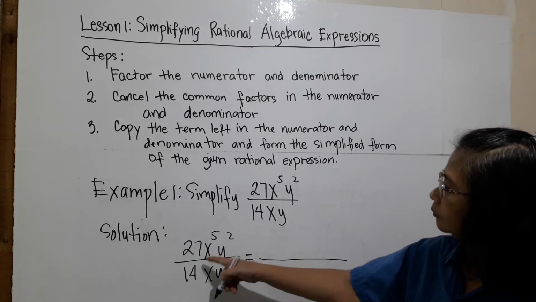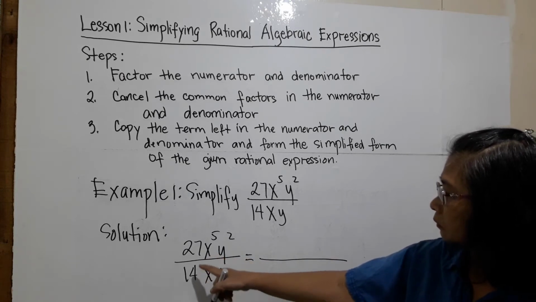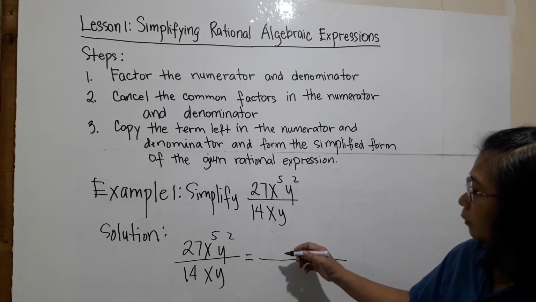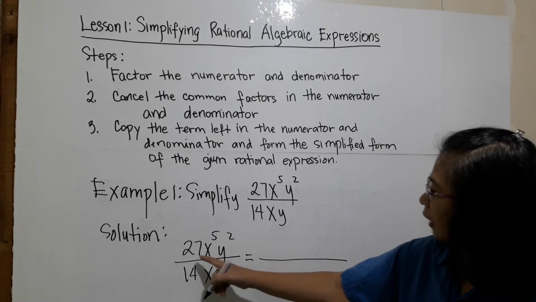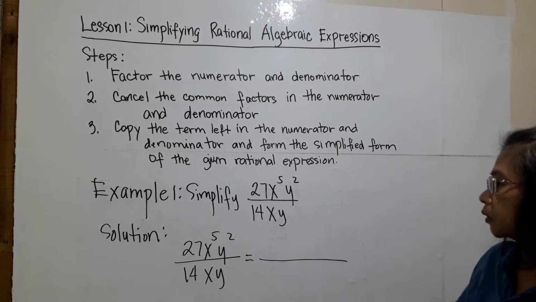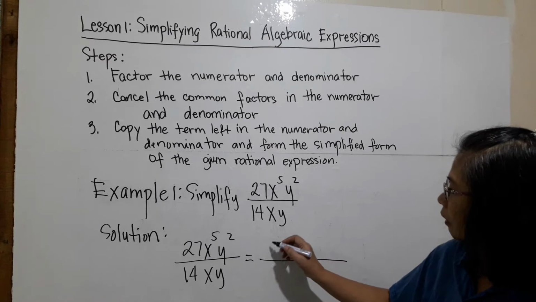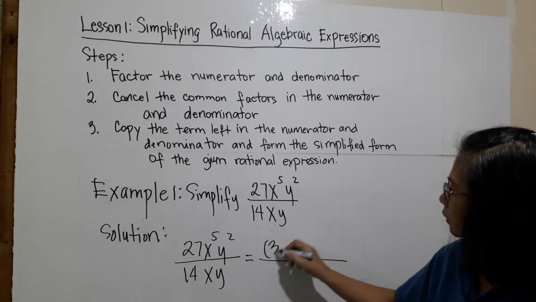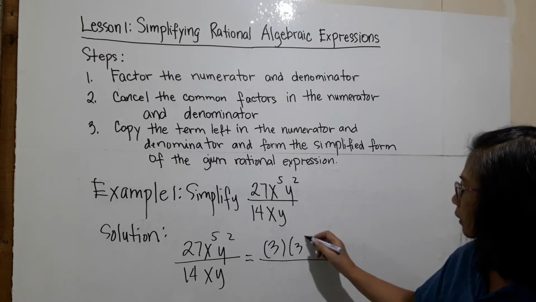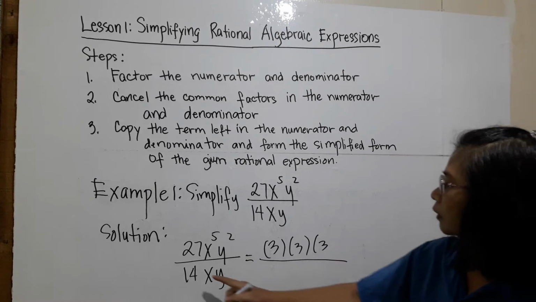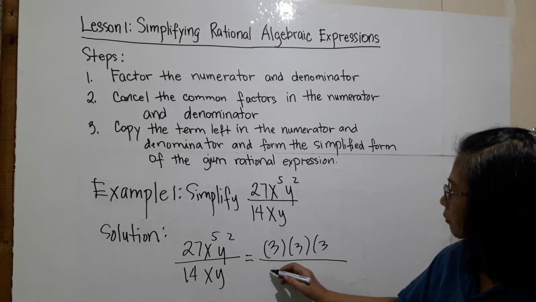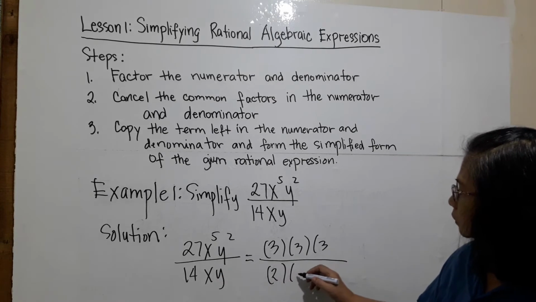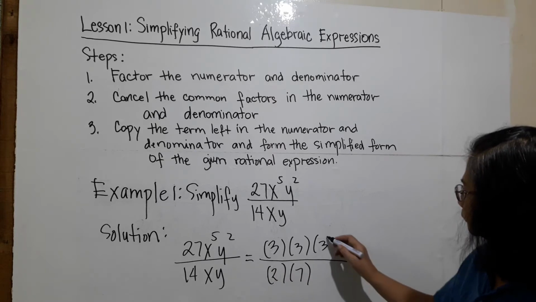Let us have the prime factors. Prime factors of 27 are 3, 3, and 3, while 14, we have 2 and 7.